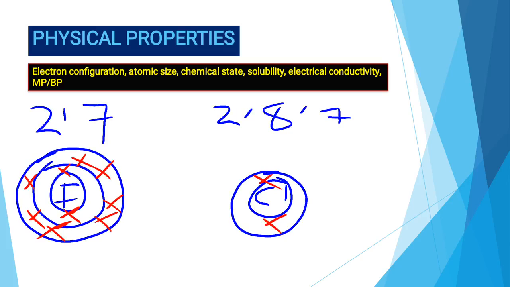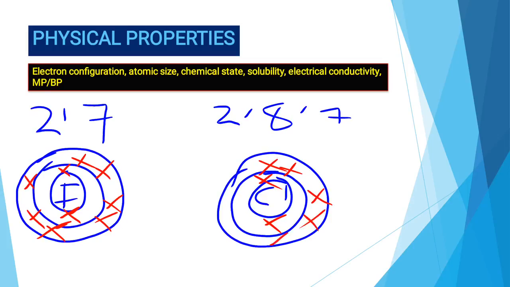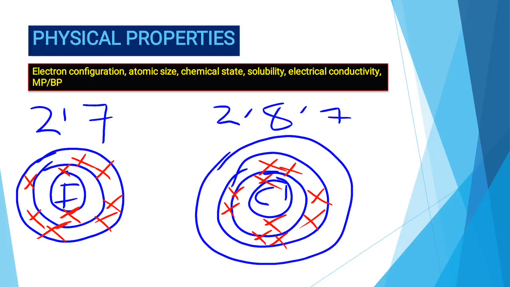Then we get to the second energy level with 8 electrons. So we have 1, 2, 3, 4, 5, 6, 7, 8 electrons. Then finally, we have the outermost energy level, containing 7 electrons.